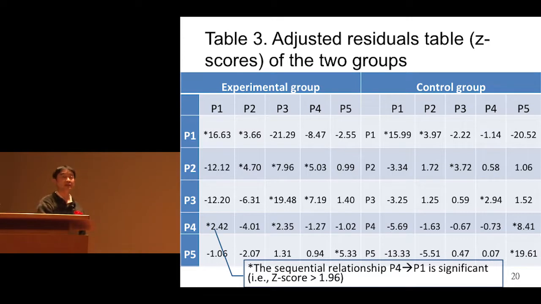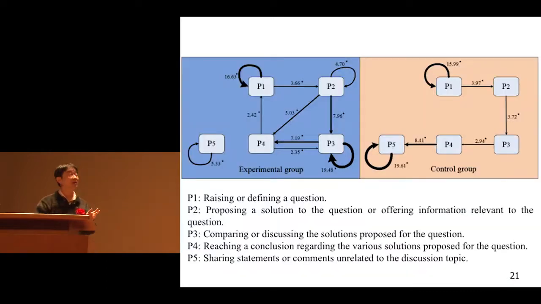And then we can draw those significant relationships in a graph. We call that a behavior transition graph. So from these two graphs, we can see the different behavior patterns between the two groups. Of course, I need to tell you that the experiment group had better learning achievement than the control group.